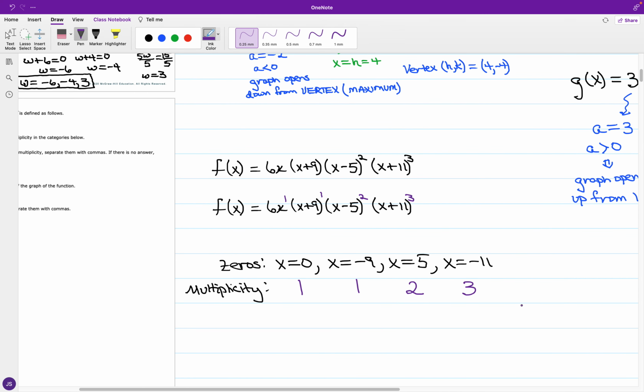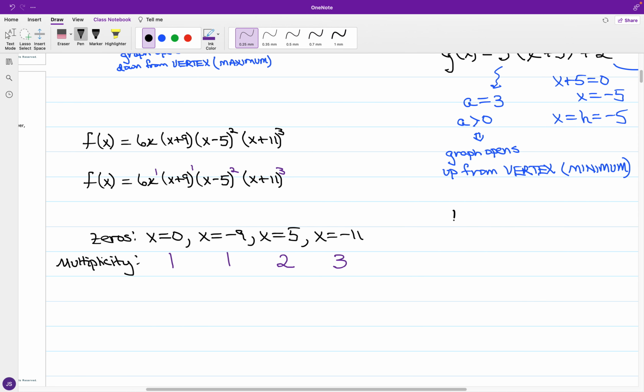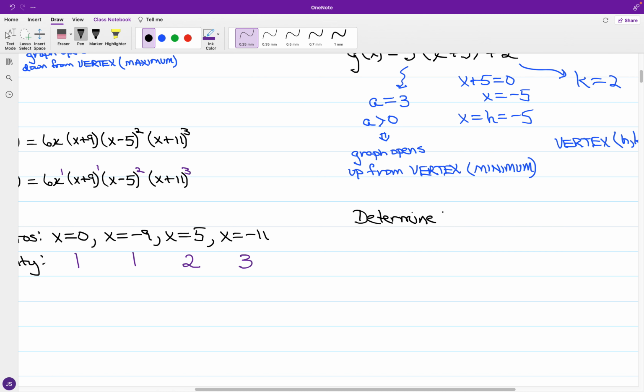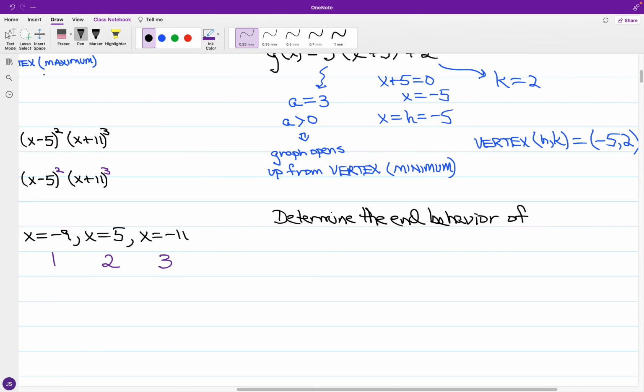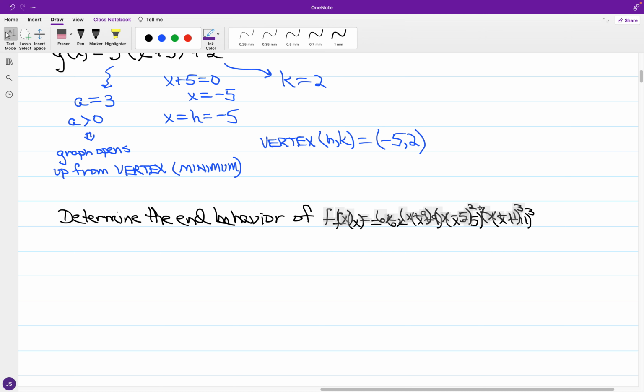Now, let's say that I'm looking for the end behavior of the graph of this function.